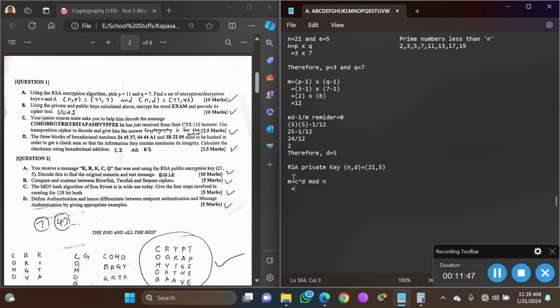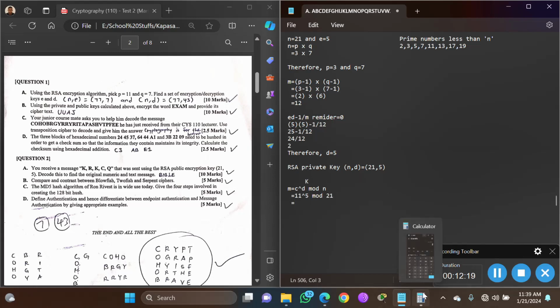The first thing we need to decrypt is K. So the ciphertext for K was 11. Then our D is 5, from the recent calculations. Then we say mod 21 because our N is 21.